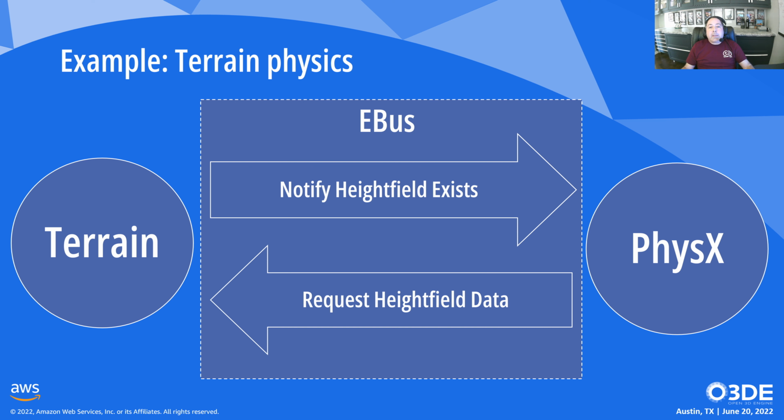The solution to this was to define generic EBus requests and notifications for height fields, which each system then uses. With this separation, the terrain system can work equally well with any physics system that supports height fields, and PhysX can work with any height field authoring system, whether it's terrain, external tools, 3D meshes, or procedural generation. We've gained a lot of decoupling and flexibility on both sides just by inserting a well-defined interface in between.